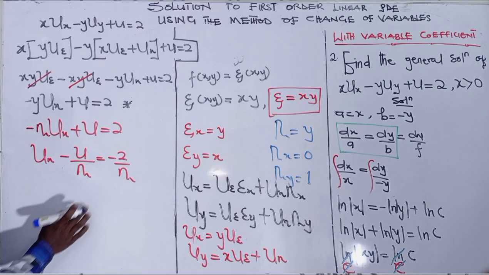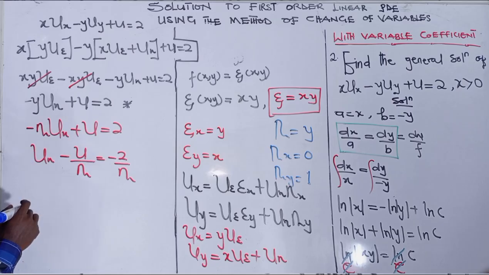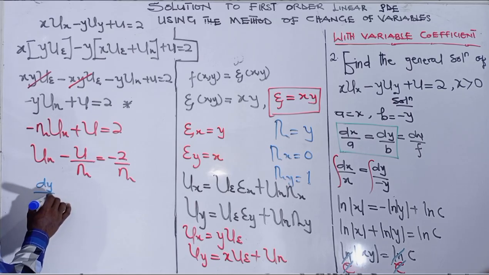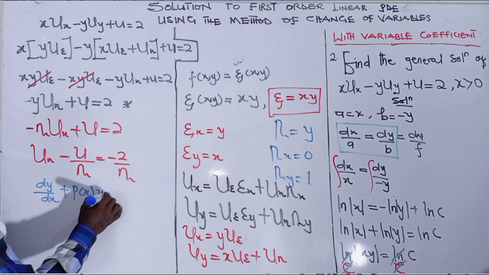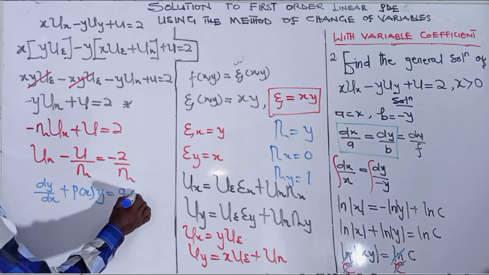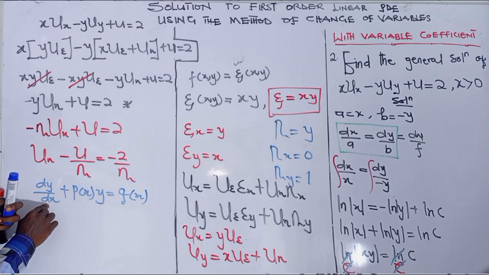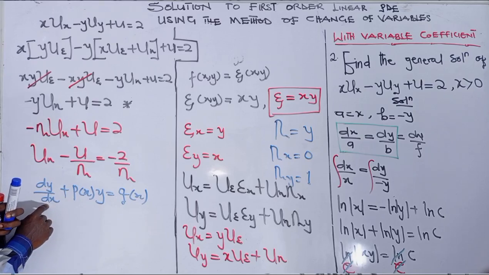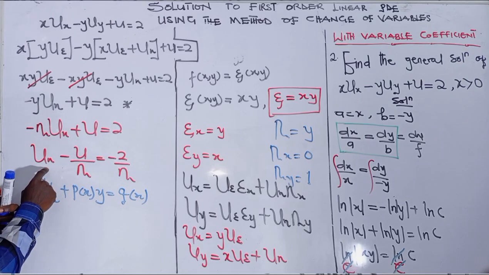η. So from here, you can see that this particular equation resembles a certain type of differential equation which is of the form dy/dx plus p of x y is equal to q of x. So you can see that we have the function and the derivative here. With this one too, we have the function u and its partial derivative.